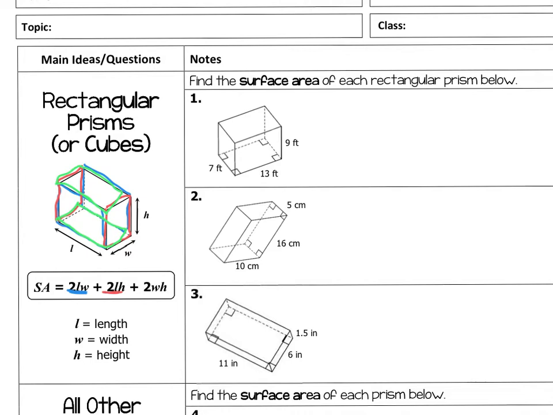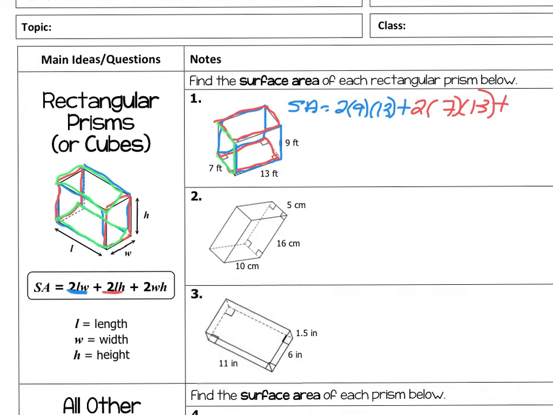So if we go through here and just start looking at surface areas. First I'm going to do this front piece right here. So the surface area is going to be equal to 2 times 9 times 13, plus that takes care of these two back ones. And then the next one, I'll go ahead and do the top and the bottom. So the top and the bottom is 2 times 7 times 13 plus, and then the next one is going to be the sides.